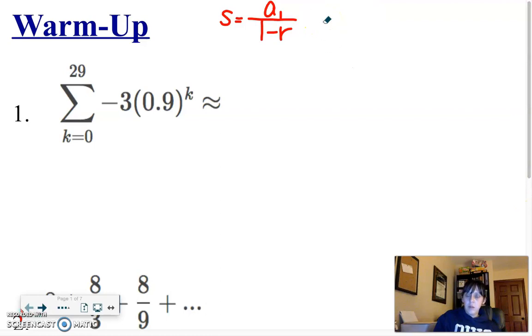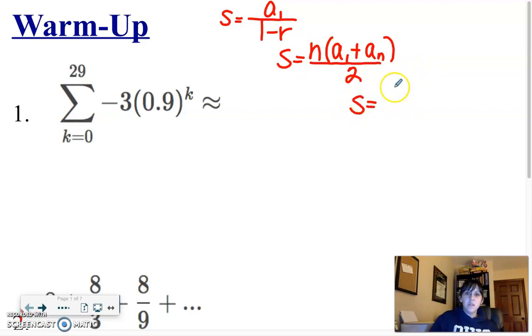Maybe I'll have to write in a different spot. Another formula was, oh Lord, now I'm all flustered. N times A1 plus AN over 2. I might have put N over 2, I can't remember at this point in time. It's 9:30 at night, and so my brain's not working very well.